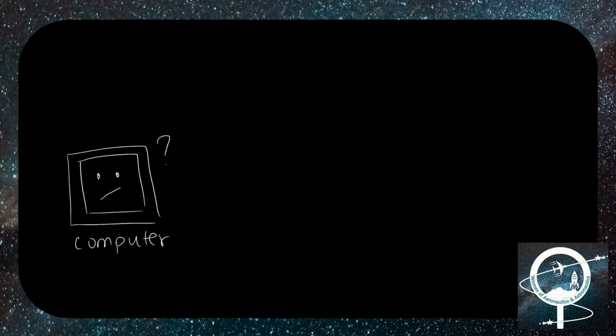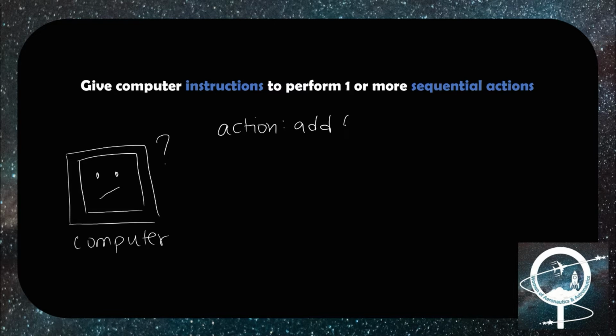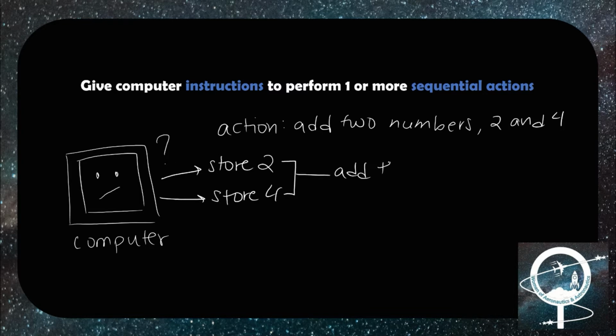First, let's talk about how computers read data and how we can take advantage of that to understand programming. In programming, we are essentially giving instructions to a computer to perform a certain action or sequential actions, like adding two numbers. To add these numbers, they first have to be stored in the computer. In a computer, all data is stored in millions of tiny bits.